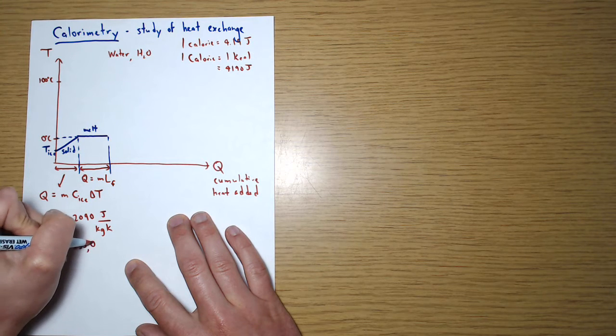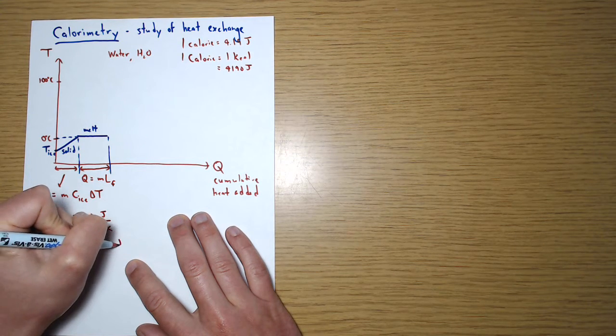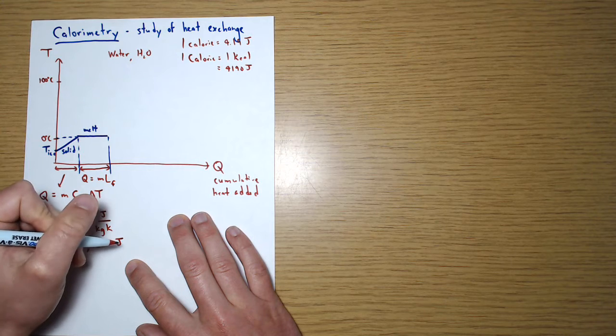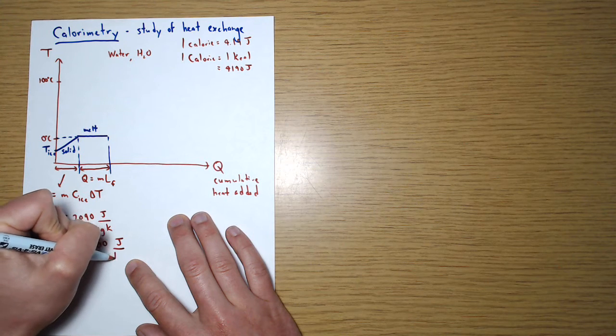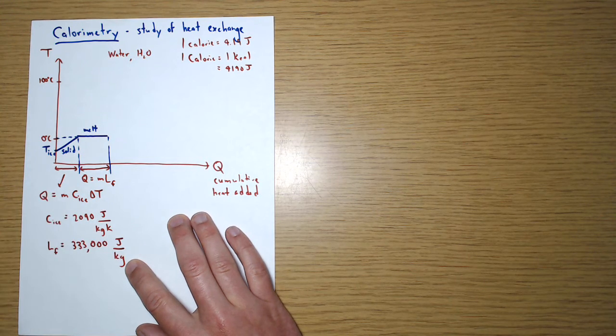So this experimentally comes out to 333,000 joules per kilogram. So this is, you can see, much larger than the specific heat, or just the number of joules is much larger.